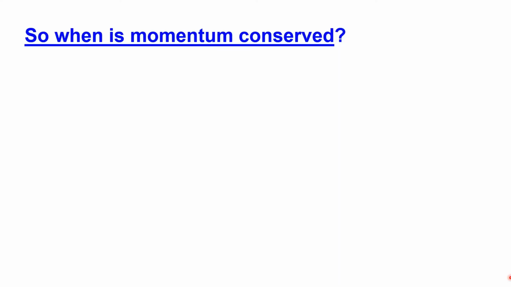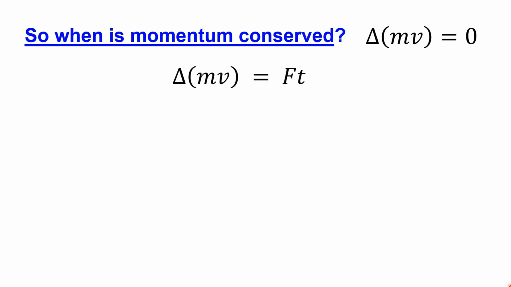So when is momentum conserved? Well, like I said earlier, in order to conserve momentum, we need to have zero change in momentum. Here I'm showing the momentum-impulse relationship. Notice that this is the change in momentum.